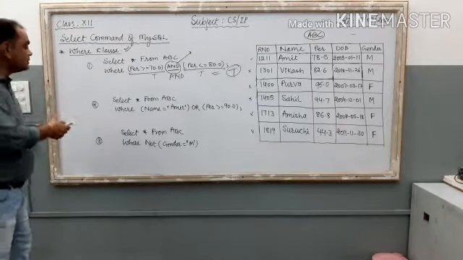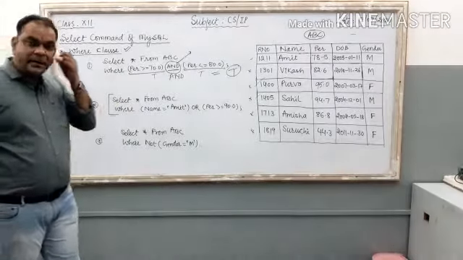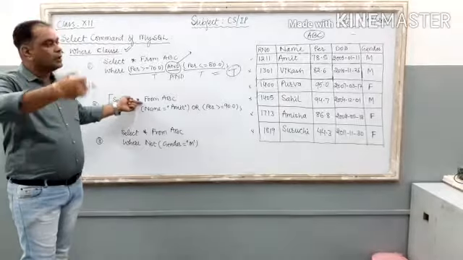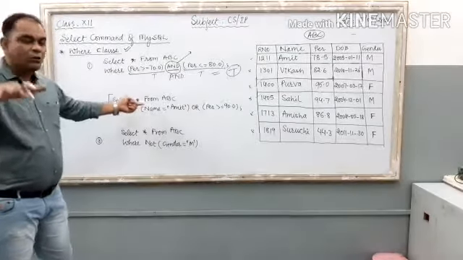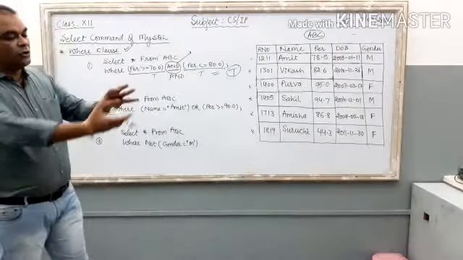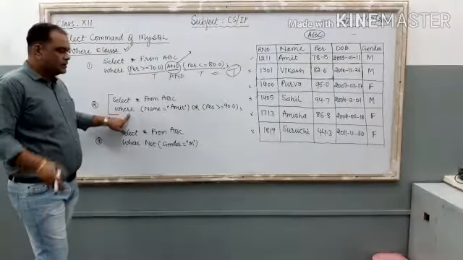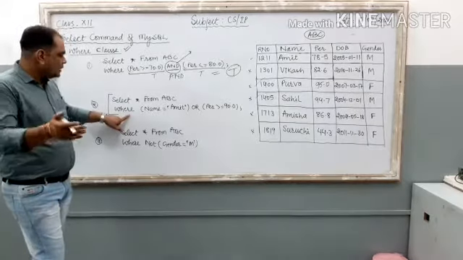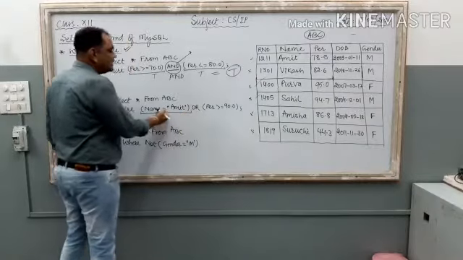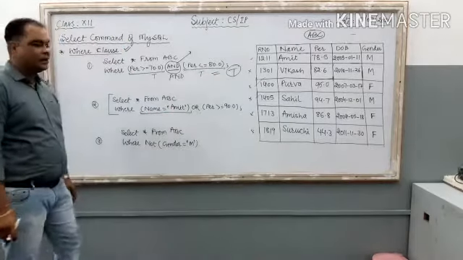Now just come towards the second command. Here, select star, all the fields or columns will be there as output on your monitor. From ABC, it is the name of the table. The computer is going to filter the record from the table ABC. Now, the where clause: the first condition is name equal to Amit, where equal to is the relational operator, right?